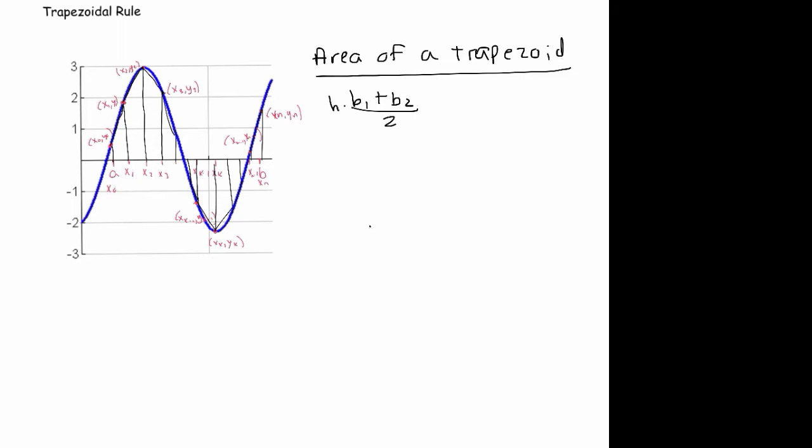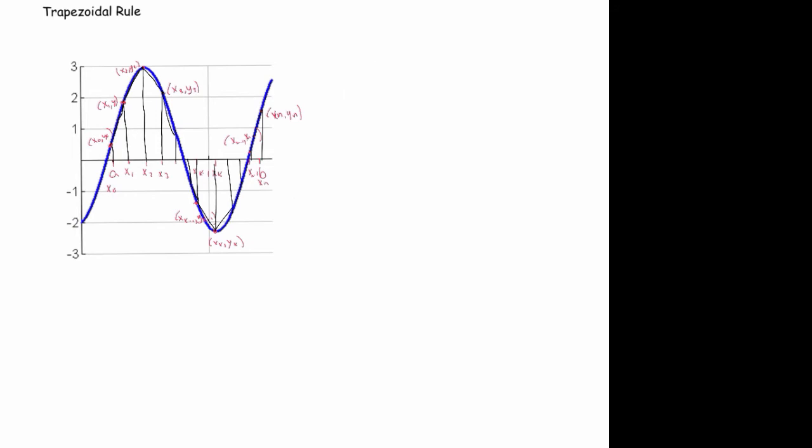So our integral here, the integral from a to b of that function f of x, should be about equal to the areas of all those trapezoids added up.